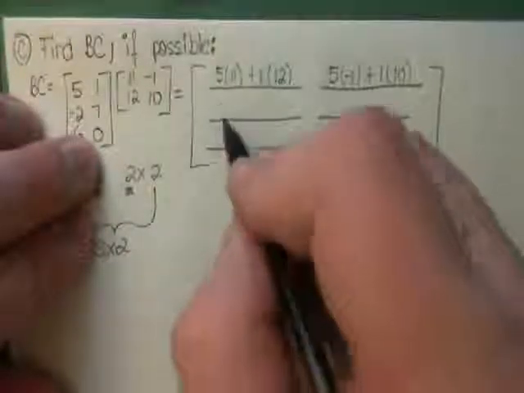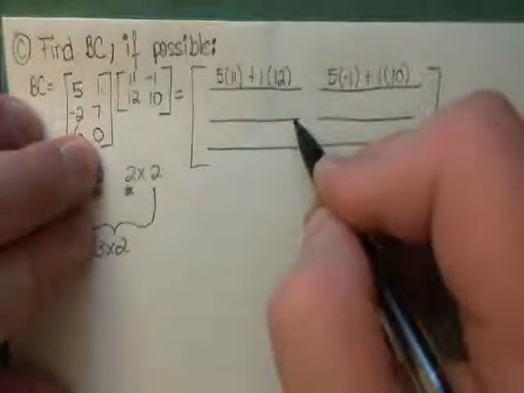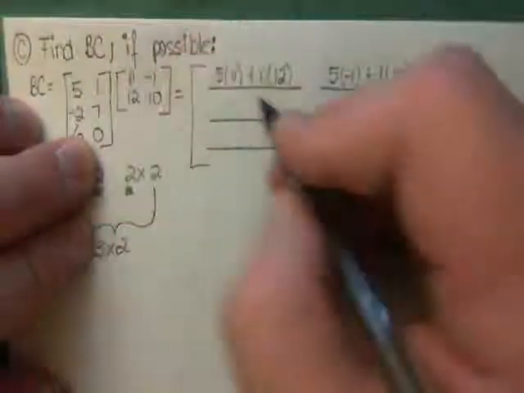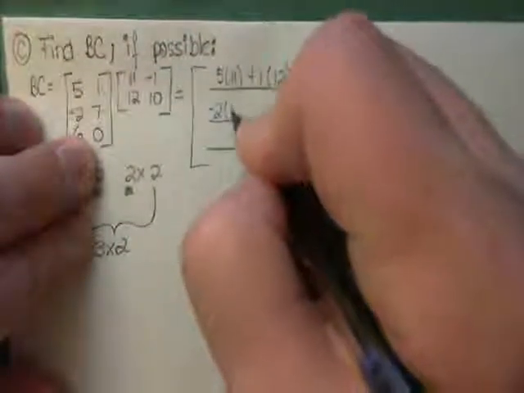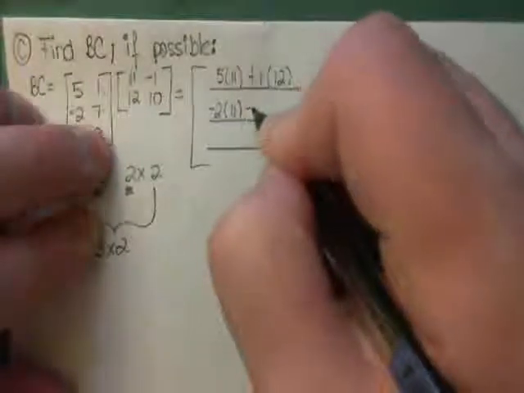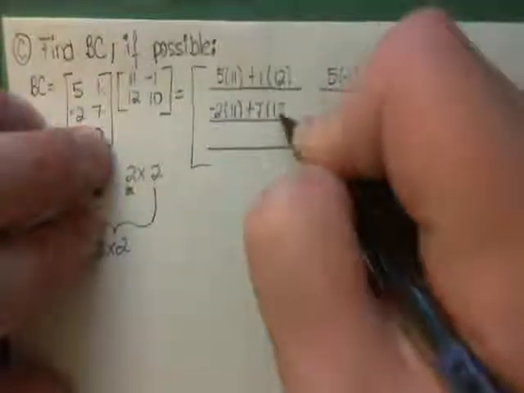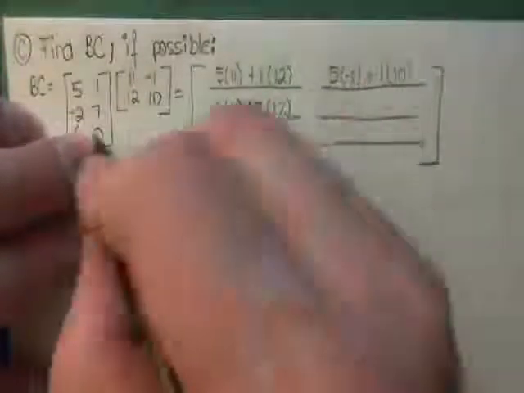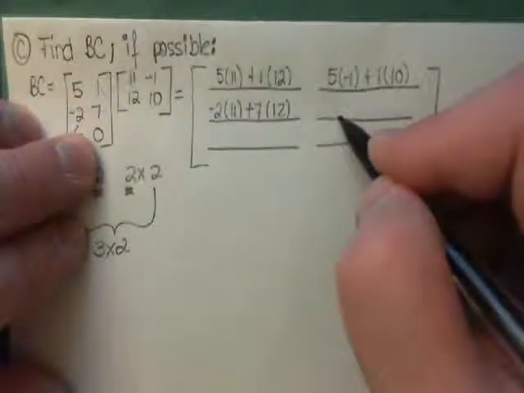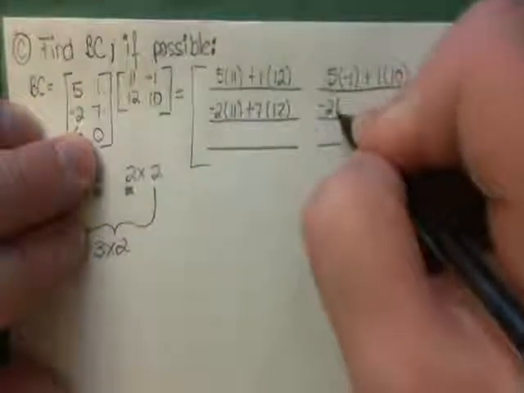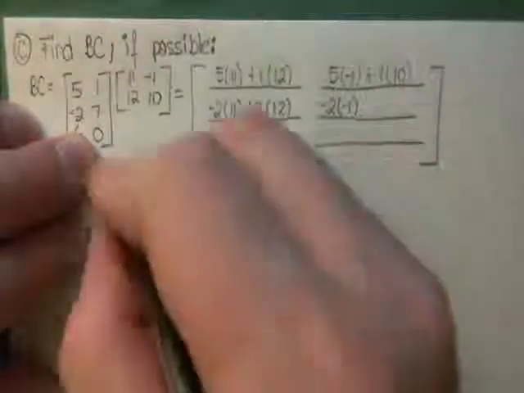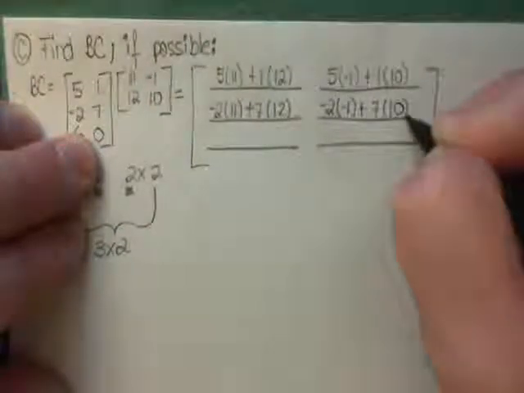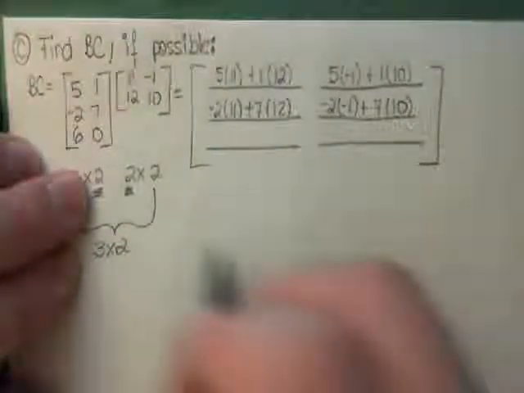Okay, then we're going to go to row 2, column 1, so it'd be -2 times 11 plus 7 times 12. Okay, and then we're going to do row 2, column 2, so this would be -2 times -1, 7 times 10.